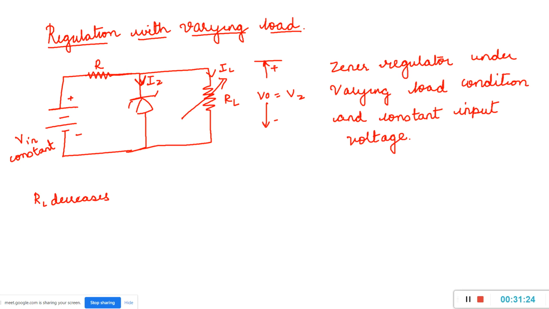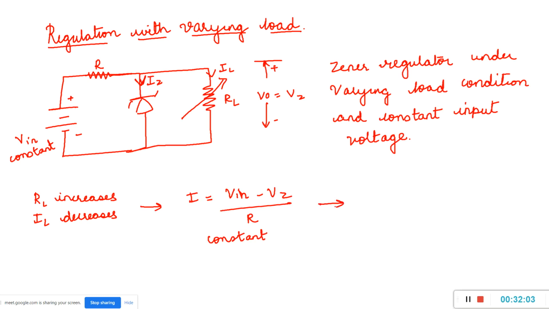If suppose the load resistance, first let me take, if the load resistance increases, what happens? Load resistance is resistor value, okay? This resistor value, if it increases, the resistance increases, the current decreases. So this I is equal to, we all know that V by R, I is equal to V by R, right? Vin minus Vz by R, which is a constant.